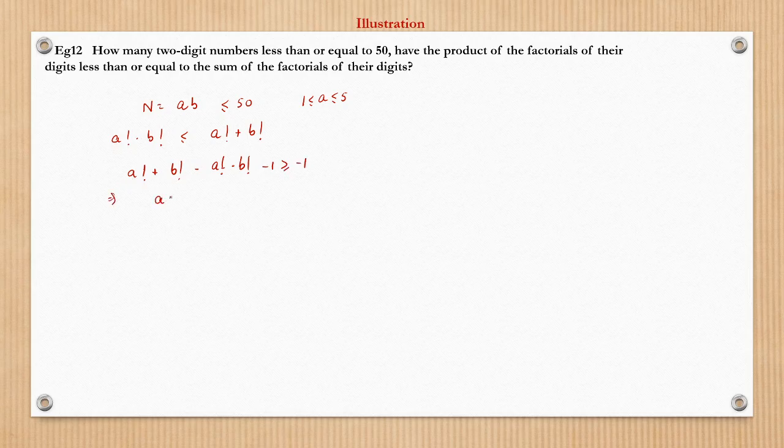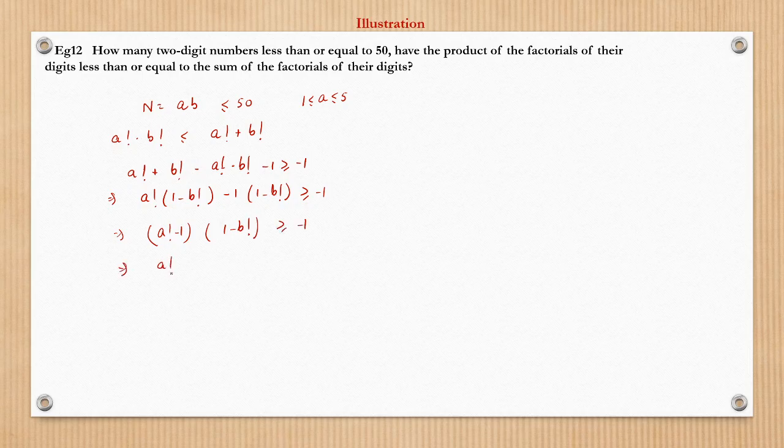Taking a factorial common, it becomes a factorial minus 1 into 1 minus b factorial, greater than or equal to minus 1.